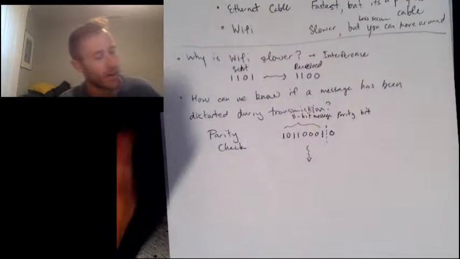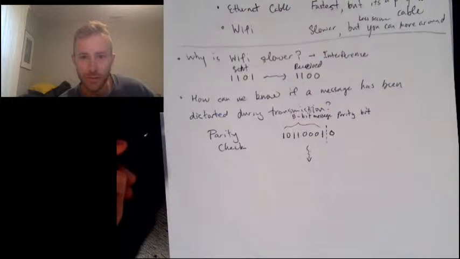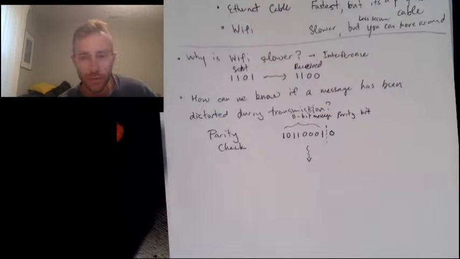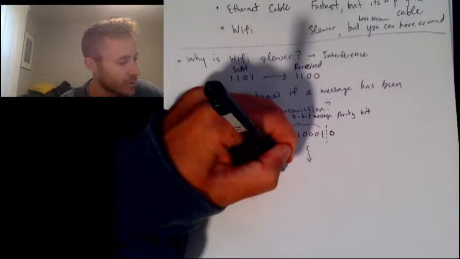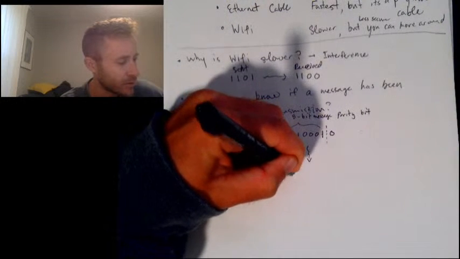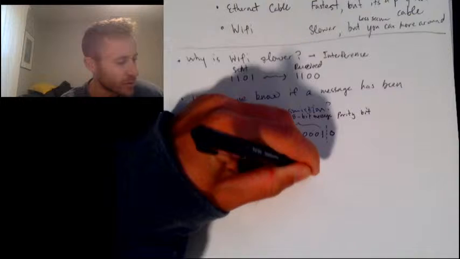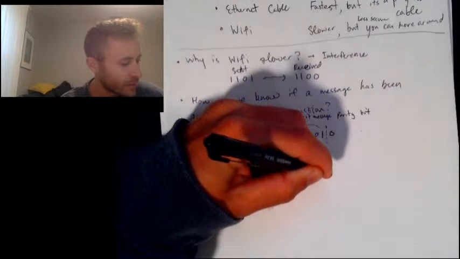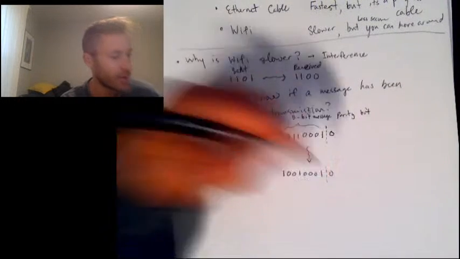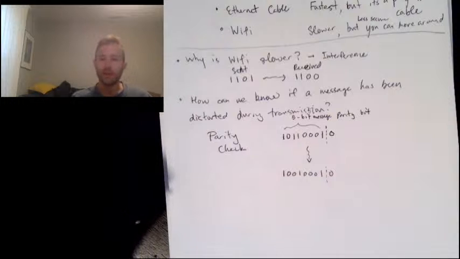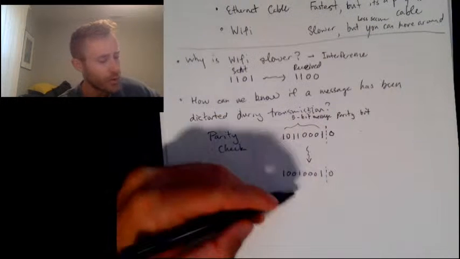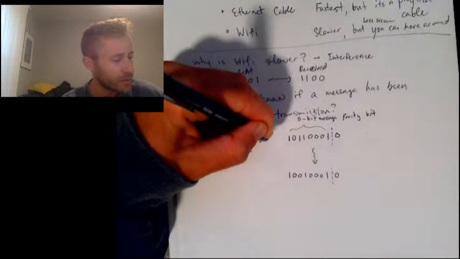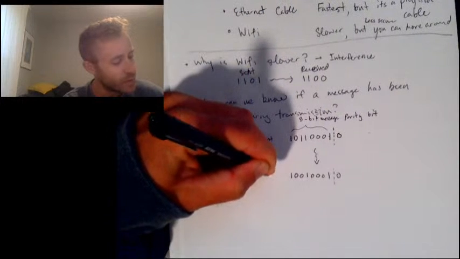Now let's say that during transmission, one of the bits got changed. So maybe the message becomes 1 0 0 1 0 0 0 1, and then the parity bit is right here. So this is the sent message, this is the received message.